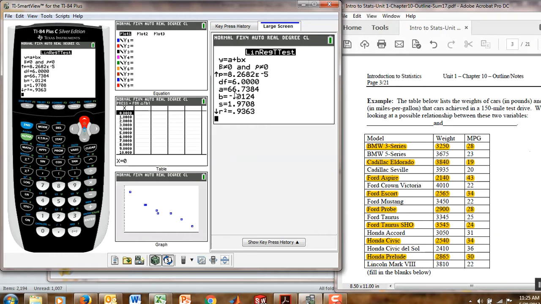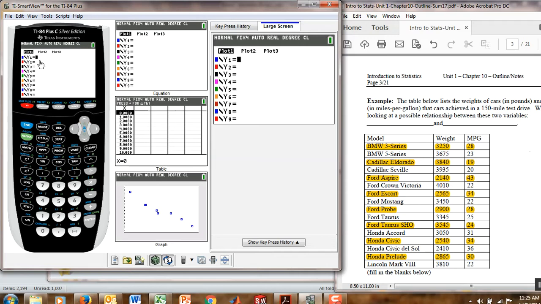I'm going to note these numbers, and I'm going to show you how to enter this equation to plot it also. So we've got the numbers 66.7 and negative 0.0124. I'm going to use those numbers, and I'm going to go to the y equals button. And here's a place we can enter in an equation.